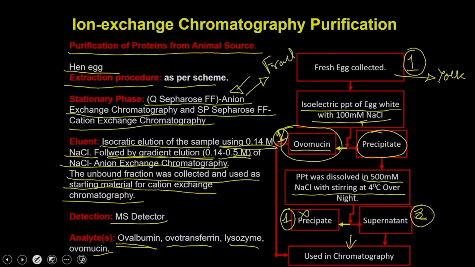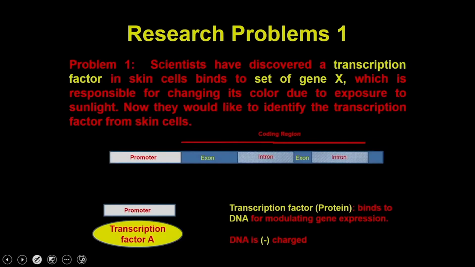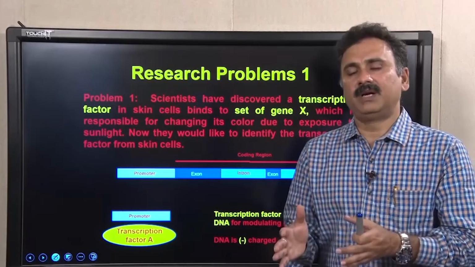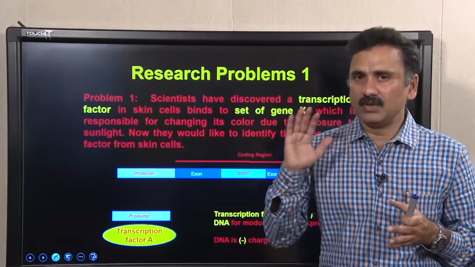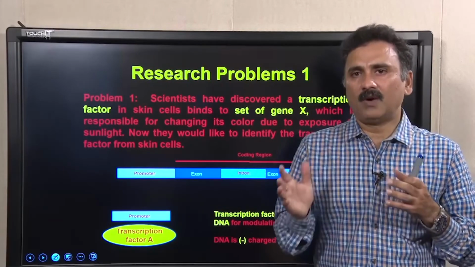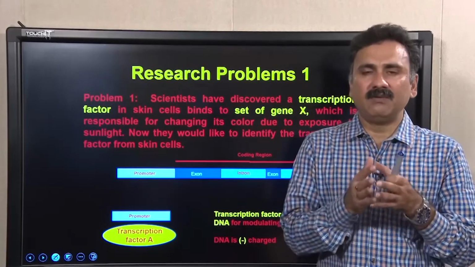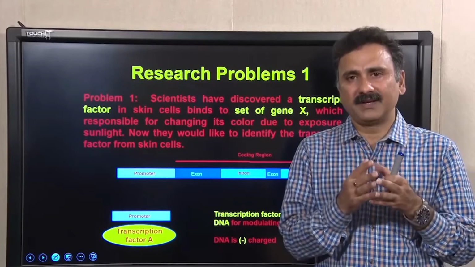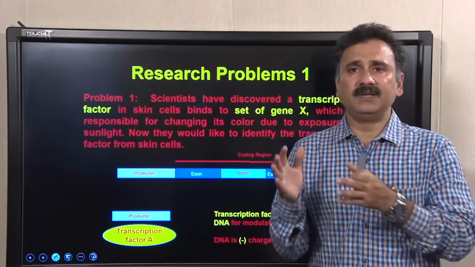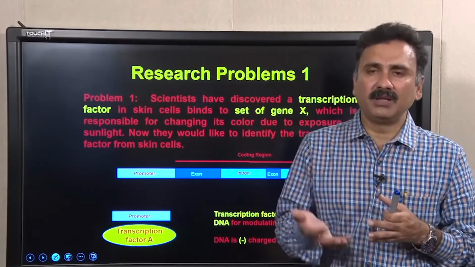So, these are the research problems where we are using ion exchange chromatography to purify particular proteins. You can have multiple such examples, but overall you have to clarify the samples and do an extraction procedure so that the recovery of your protein from these samples is as high as possible.